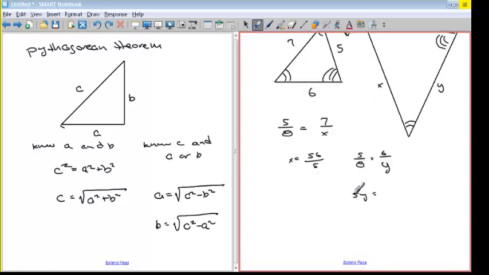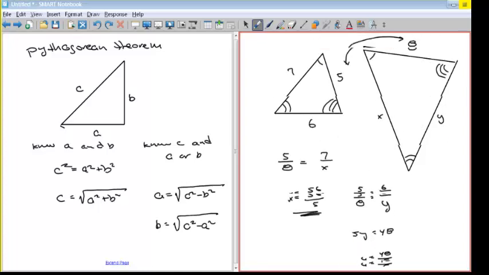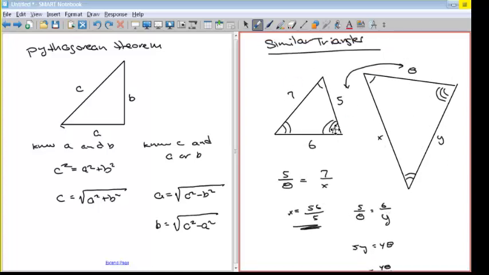So you'll get 5y is equal to 48. So y is equal to 48 over 5. And so that's how you can use similar triangles. You're given the three sides of this triangle, you're given one side of this triangle, and therefore you can calculate the lengths of the other two sides of the similar triangle.